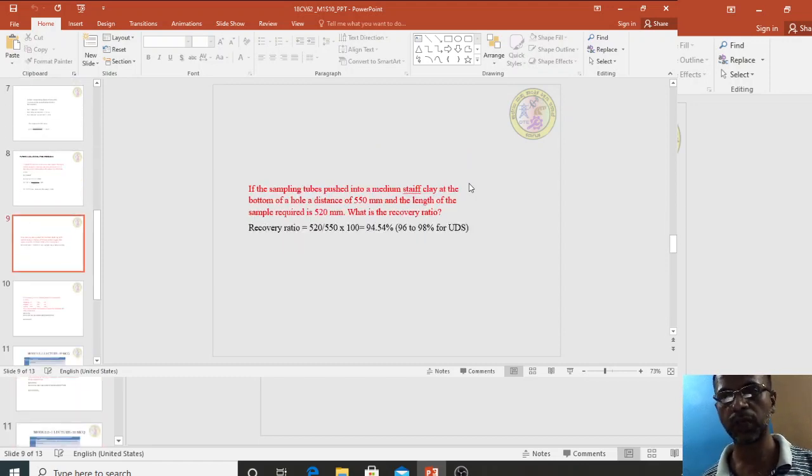Coming to the next problem: the sampling tube is pushed into medium stiff clay at the bottom of the hole, a distance of 550 millimeter, and the length of the sample required is 720 millimeter. So this is your sampling tube, which has been pushed into the soil.